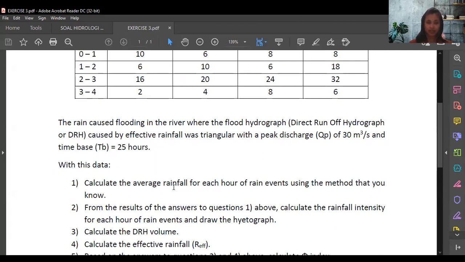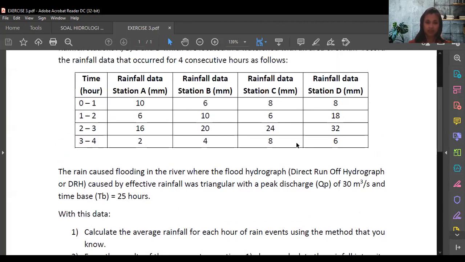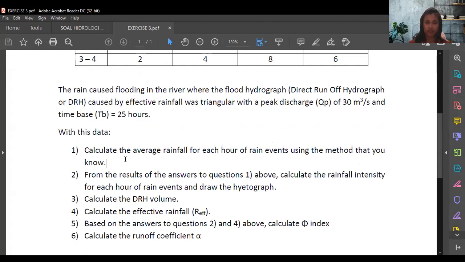You can calculate the average of the rainfall using a lot of methods, for example, the arithmetic method and etc. And second, from the results of number 1, you have to calculate the rainfall intensity for each hour of rain events and draw the hydrograph.